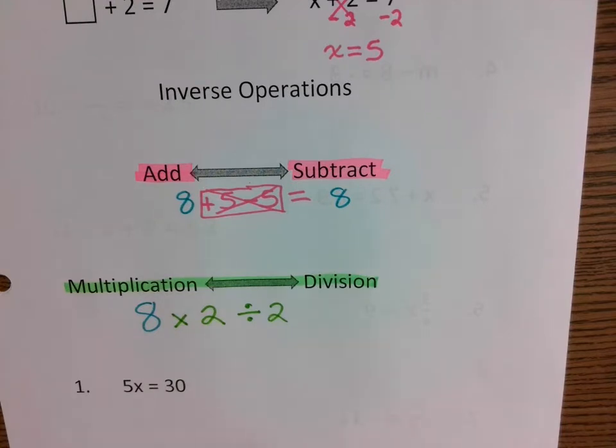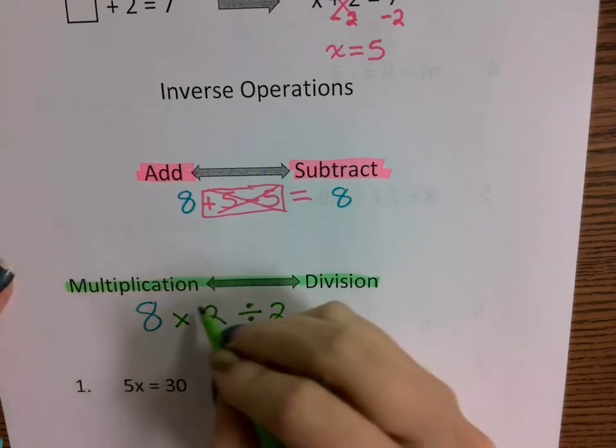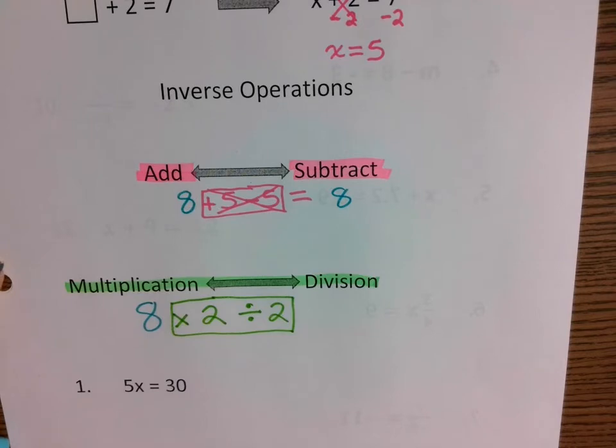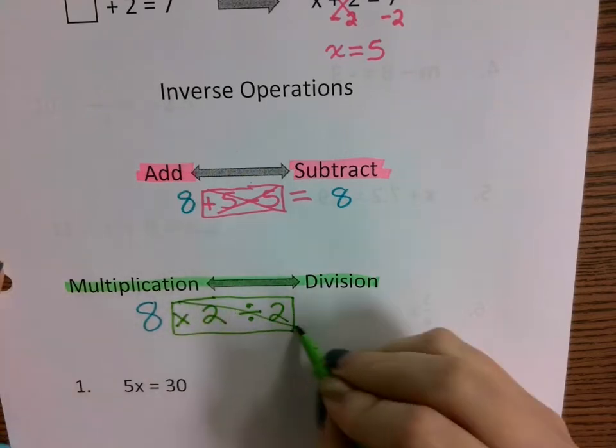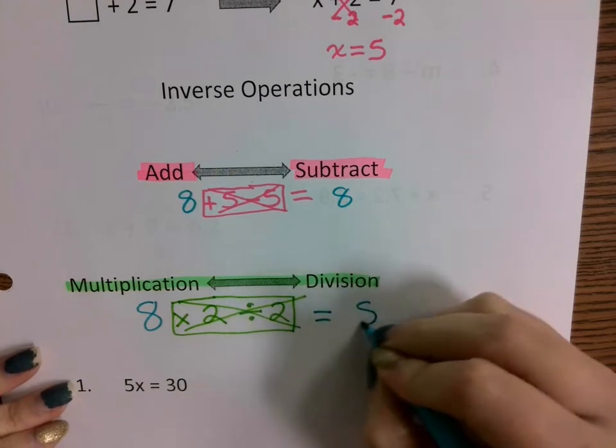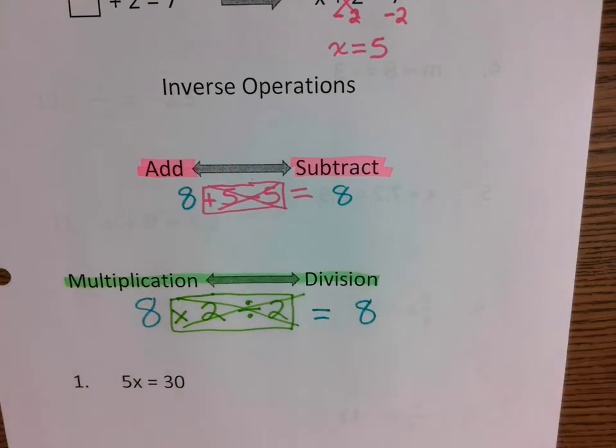So 8 times 2 is 16, and 16 divided by 2 is 8. So multiplying by the 2 and then dividing by the 2, they cancel each other out, and you're just left with the number that you started with, the 8. So they have inverse effects.